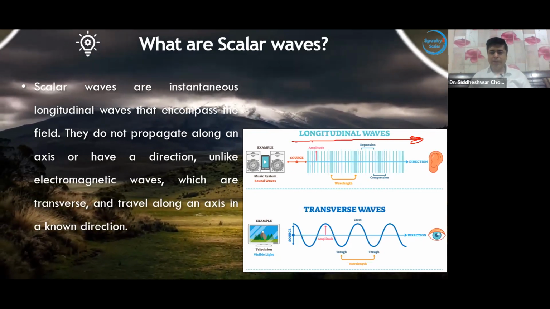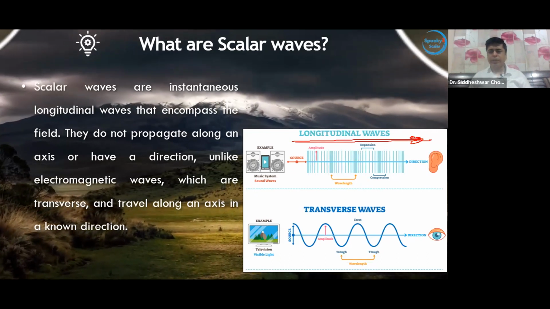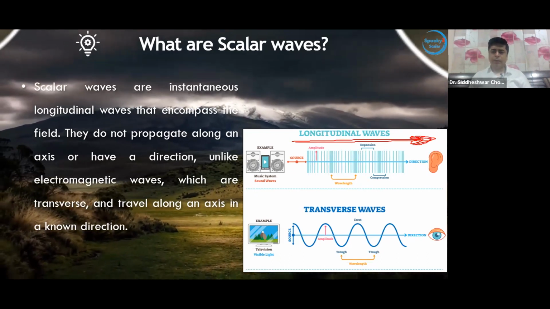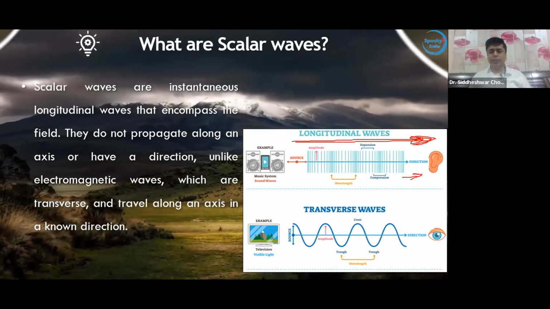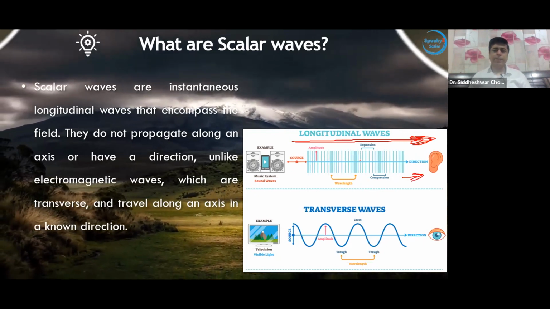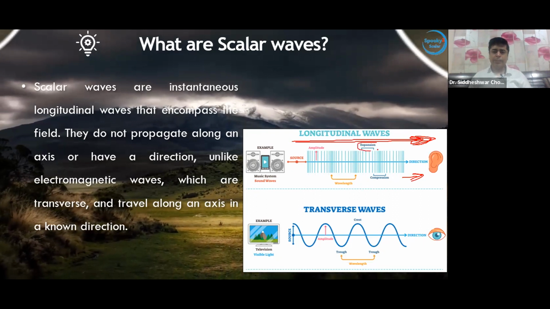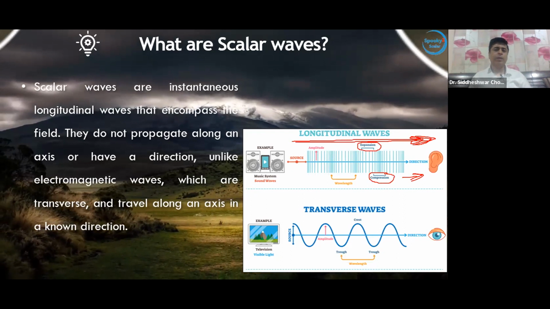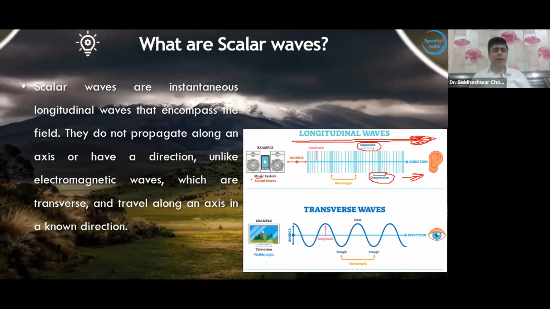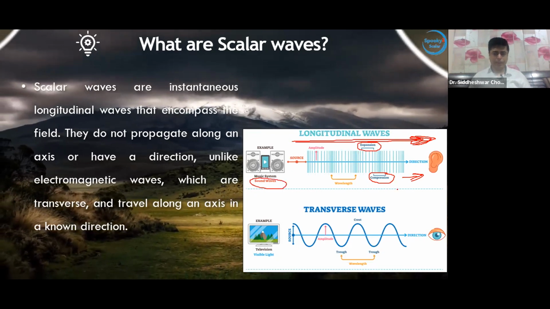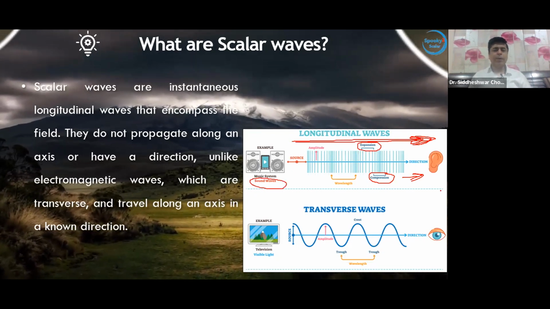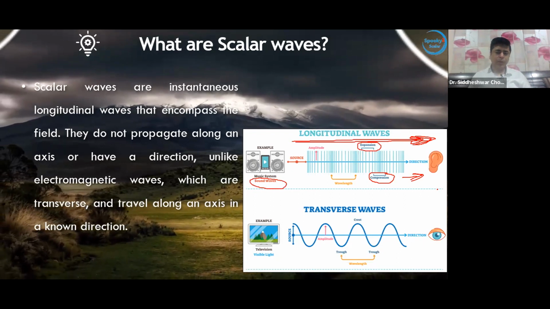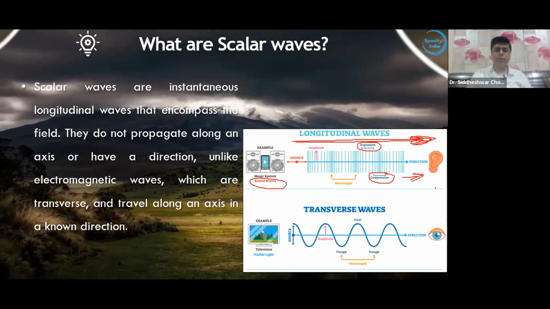If a wave is propagating in this direction, the particles are also vibrating in this direction, and you can see expansion and compression going on. A very simple example of longitudinal waves is sound waves.